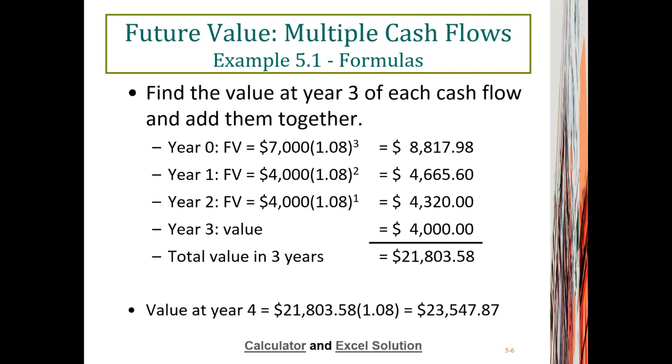And for the cash flow that occurs in year 3, we don't need to compound it. Once you get the future value of every individual cash flow, then we add them up to get the total future value of these multiple cash flows. To answer the second question, we continue to compound the future value at the end of year 3 and multiply it by 1.08 to get its future value in the fourth year.